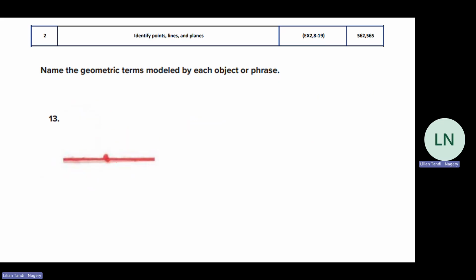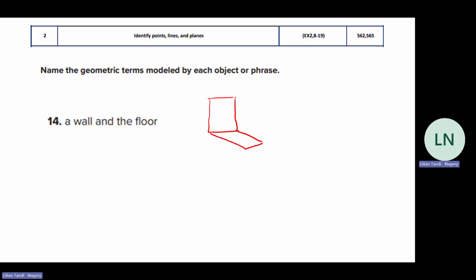Question 13, we are talking about this part. So this part is a point. Okay. And then a wall and a floor. A wall and a floor will be, this is the wall, and then the floor will be like this, okay? So two rectangles joining together.